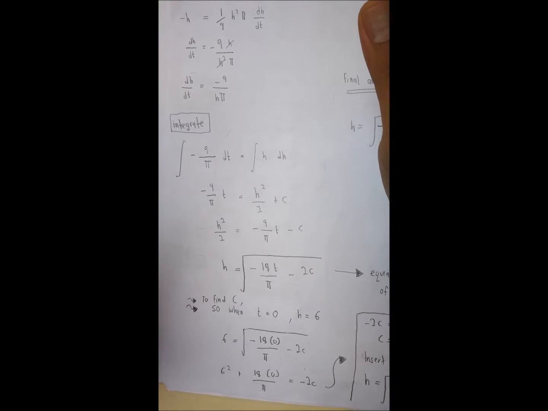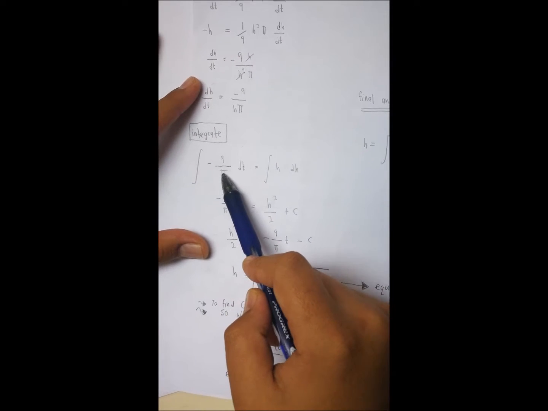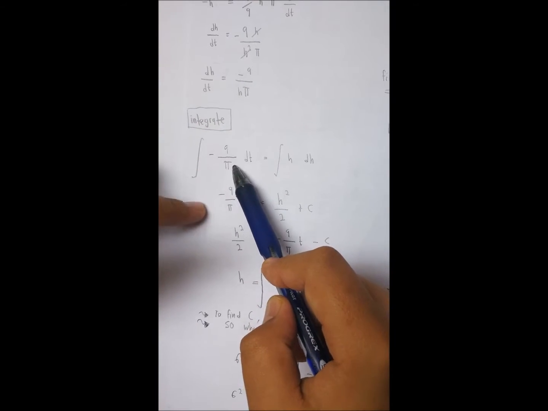After that, we have to find the value of h. So we're going to integrate both sides of the equation. Here we integrate the negative 9 over h for the value of dh over dt, and here we integrate the h.